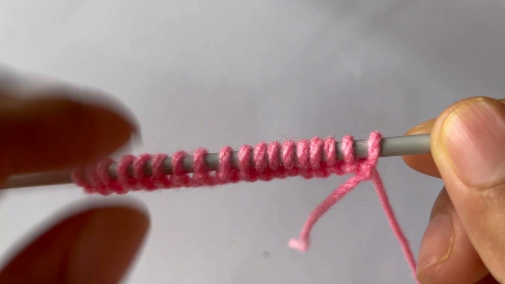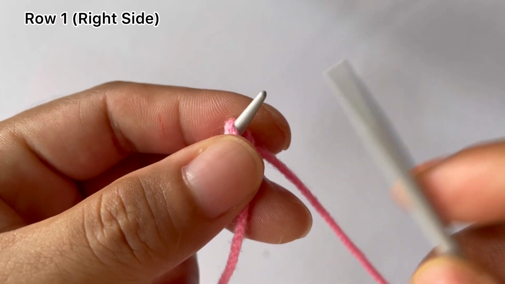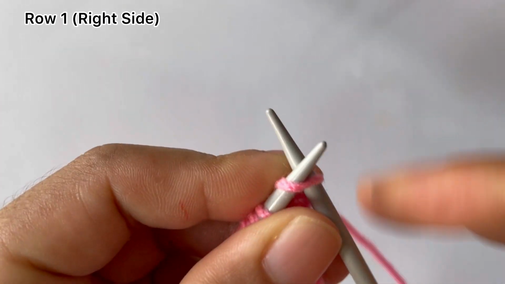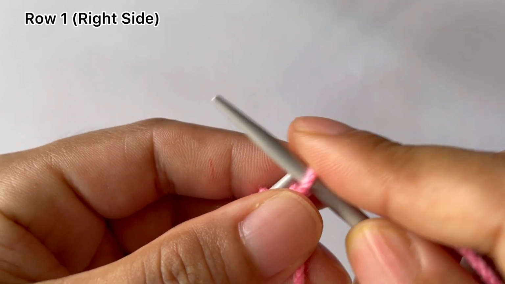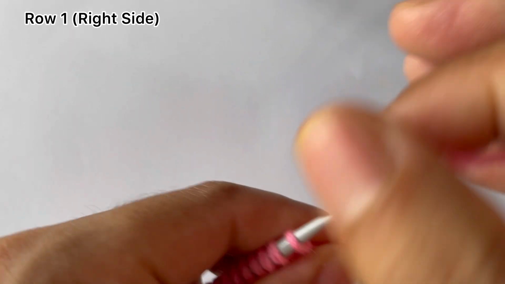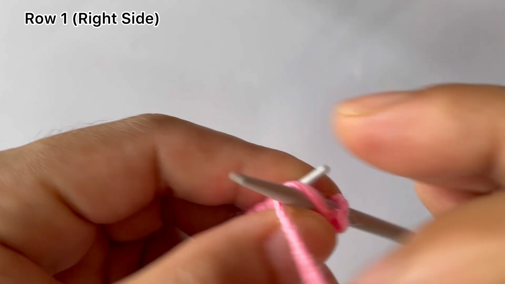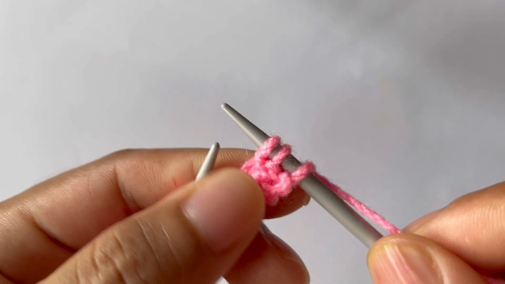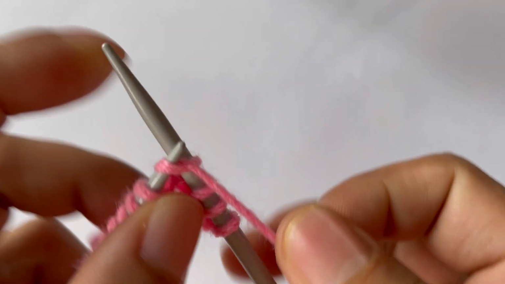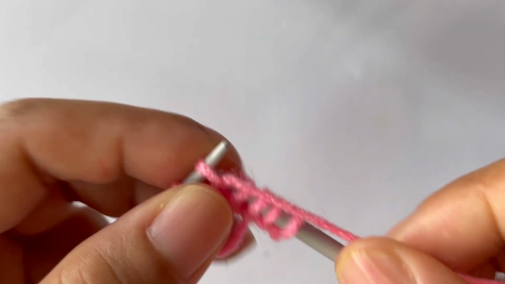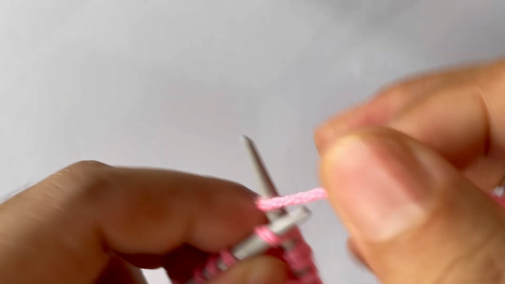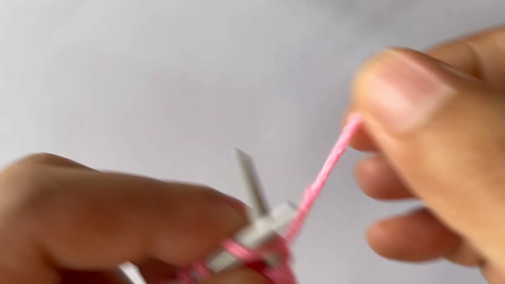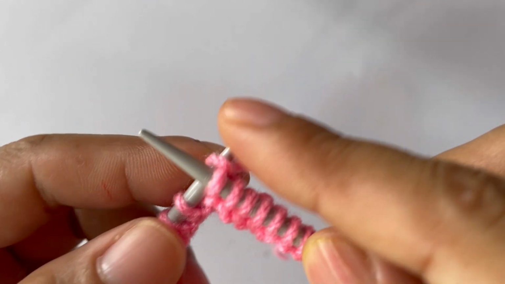So row 1, right side: knit your edge stitch and start the repeat from here. For the repeat pattern, purl 2, knit 6.